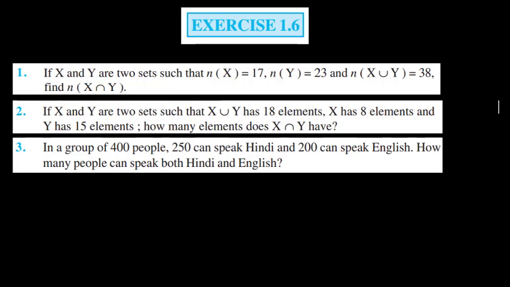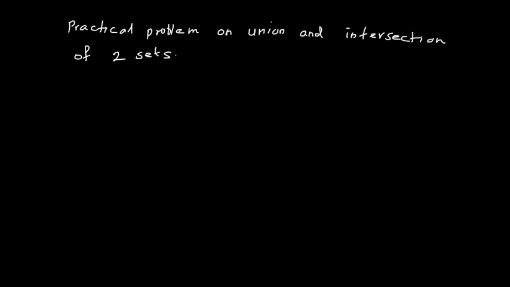Before we attempt this problem, let us first understand using the Venn diagram what the cardinal number of any set is. I think we have discussed the cardinal number, but let us revise it again.